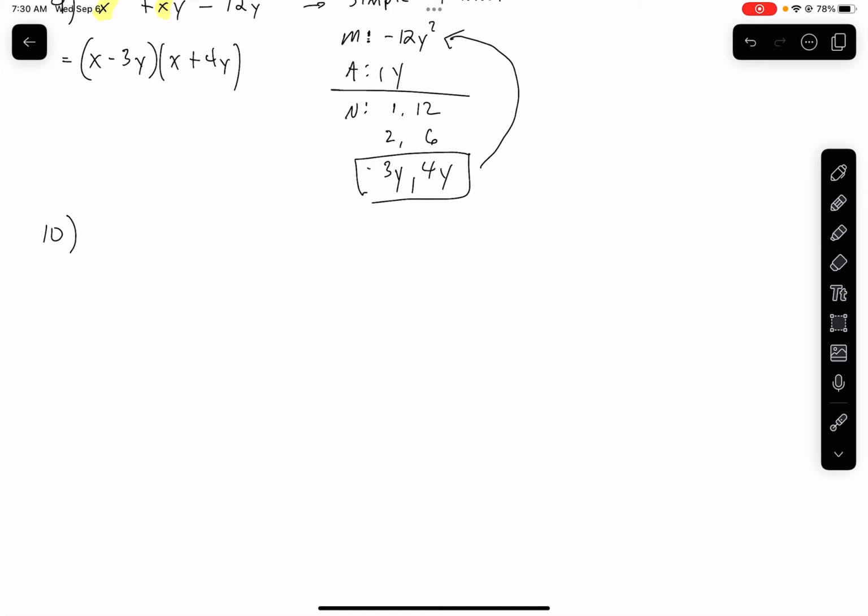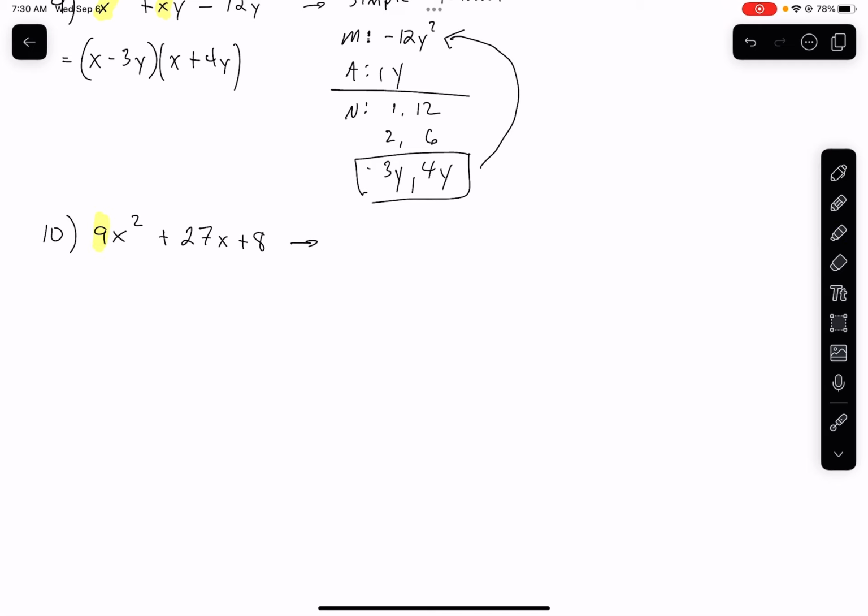Okay, so I'm going to write out 9x squared plus, sorry, 27x plus 8. So you'll notice it looks a little bit different than anything that we've seen so far on this review sheet. And it looks different because that number is not 1.